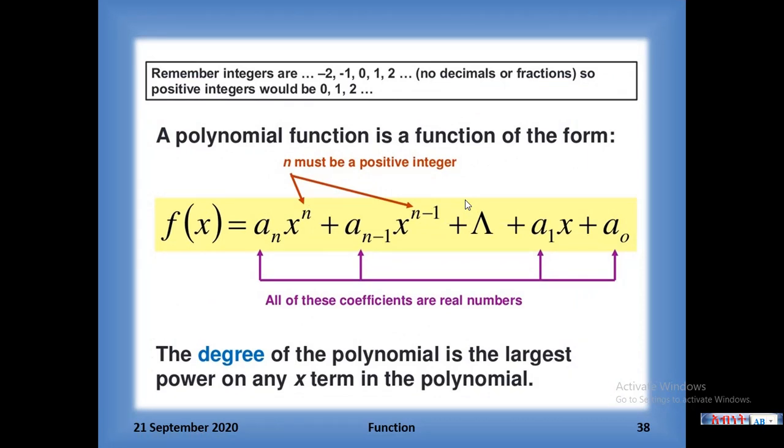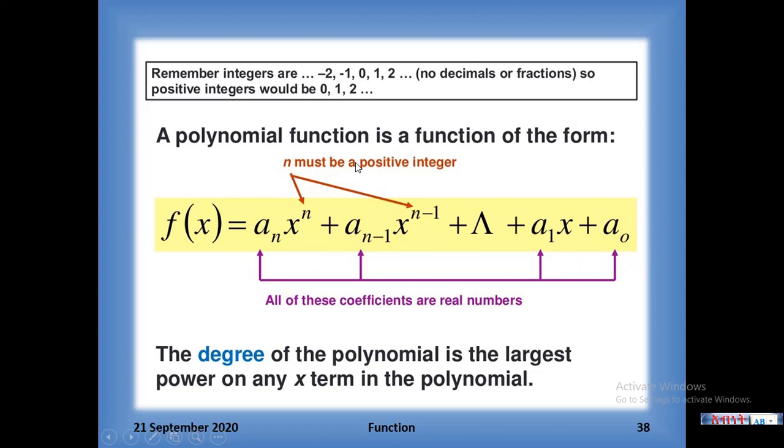Remember, integers are such like minus 2, minus 1, 0, 1, 2. No decimals or fractions. A positive integer would be the degree of a polynomial function. A polynomial function is a function of the form such like this.